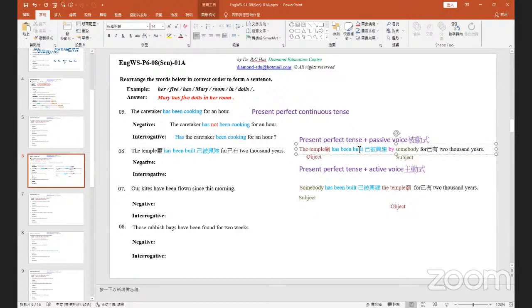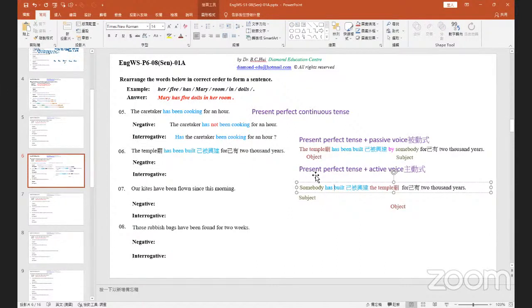For many passive voice sentences, we need the preposition by in front of the subject, but after the verb. Has been built. This is passive voice. In active voice, we don't need been in between. Somebody has built the temple for 2,000 years.